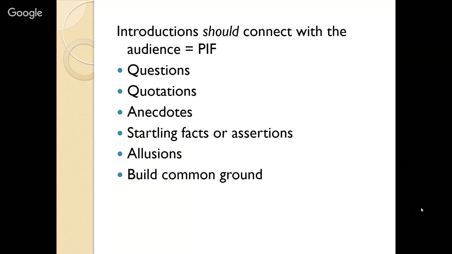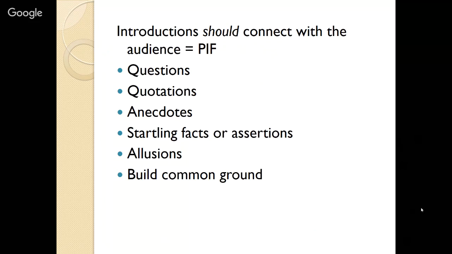So when you ask a question in your introduction, the reader will feel a need or a desire to answer that question, or at least read ahead to find the answer. So it creates a certain amount of tension in the reader. Questions are also good because of the use of the question mark as punctuation. It helps to draw the eye and break up the blockiness of your text. So it creates visual interest for the reader.